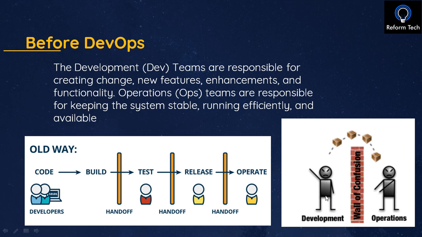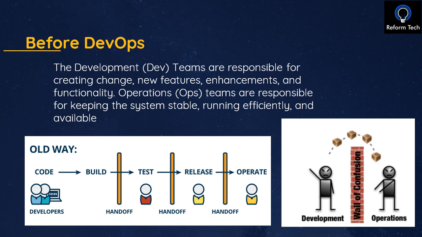Then the developers have to update the changes and pass the new code to the operation team, who then deliver it. This wall between the development and operations teams took much time for a software to get released, and also many errors came in.